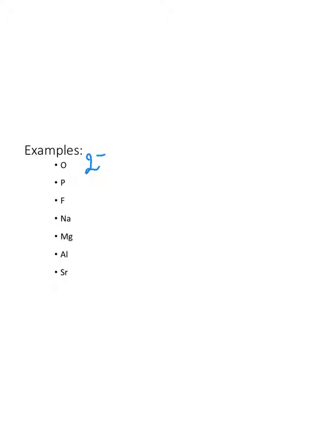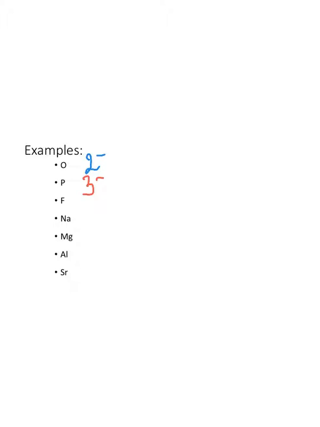Correctamundo. Now, let's look at phosphorus. Phosphorus is in group 5A on the periodic table, so that means phosphorus will take in 3 electrons, and we will have electrons outnumbering the protons by 3, so we will have a 3- charge.